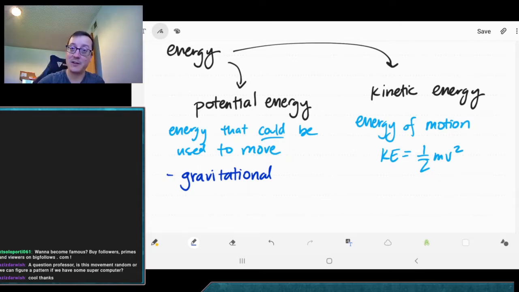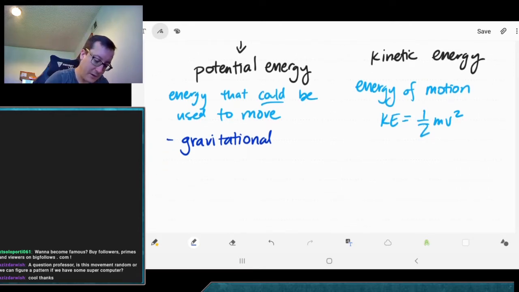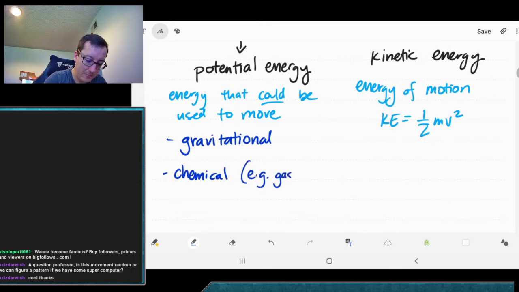But that's gravitational energy. We also have chemical energy, chemical potential energy. Think of gasoline, just sitting there as a liquid. But we know there's quite a bit of energy we can get out of gasoline if we combust it, right?